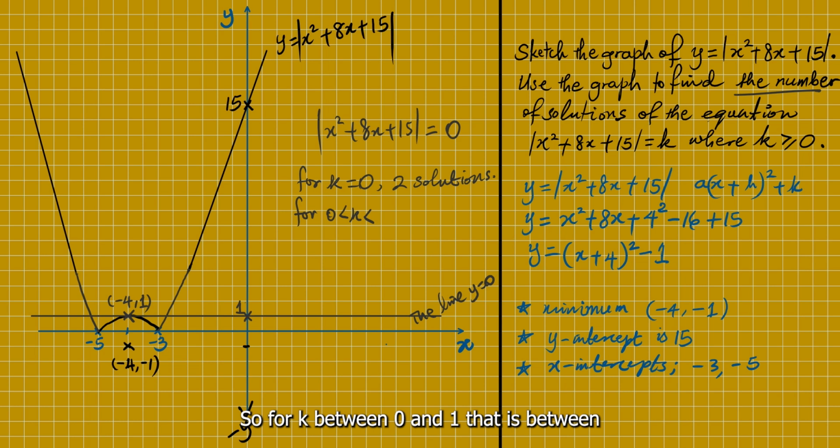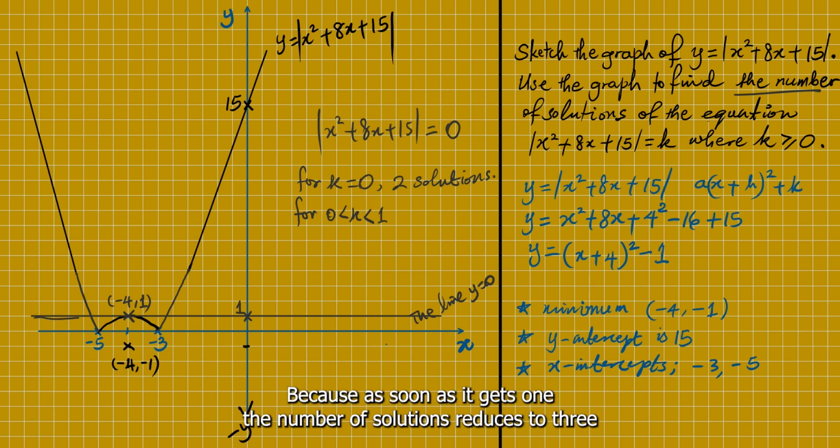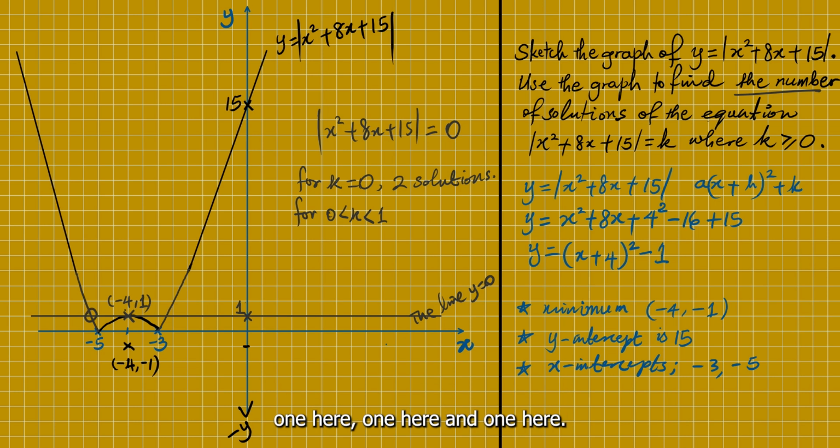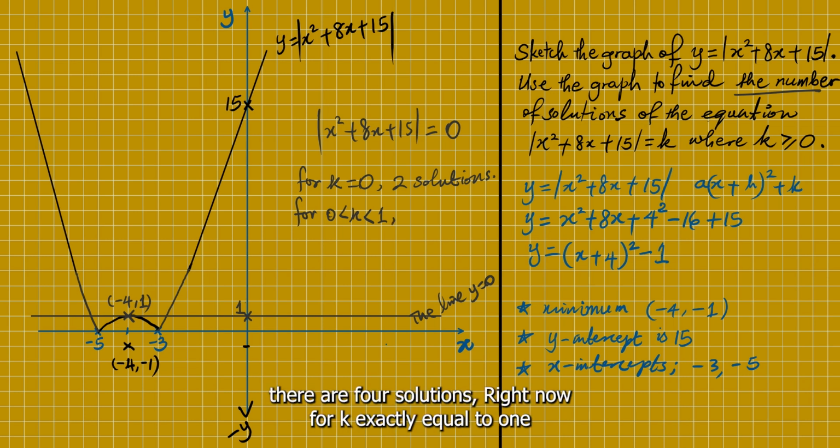So for k between 0 and 1, that is between this gap here, you will notice that I've said strictly less than 1, because as soon as it gets to 1, the number of solutions reduces to 3. 1 here, 1 here, and 1 here. So for k greater than 0 but less than 1, there are 4 solutions.